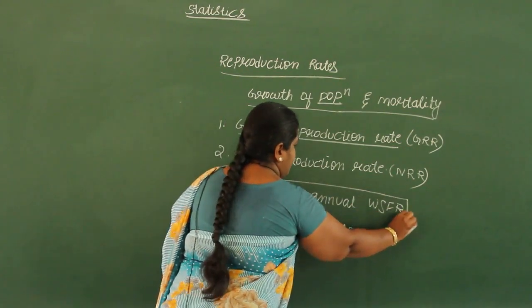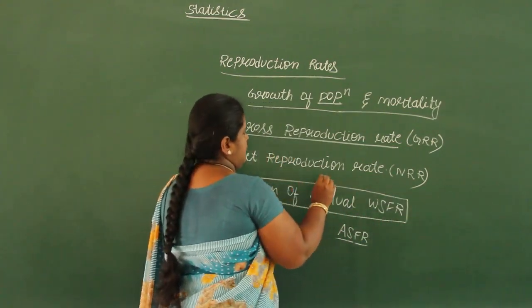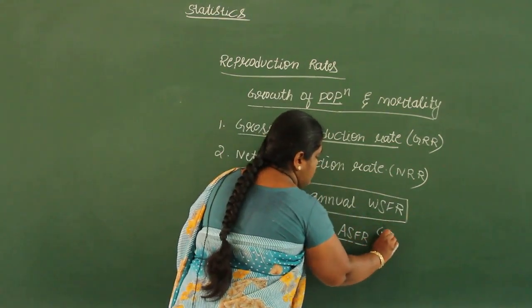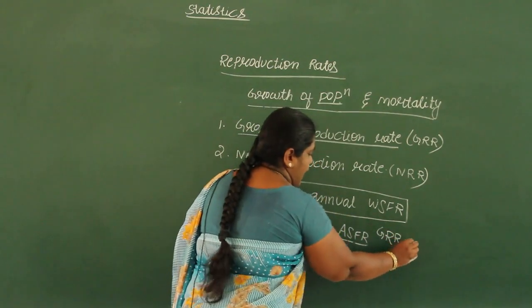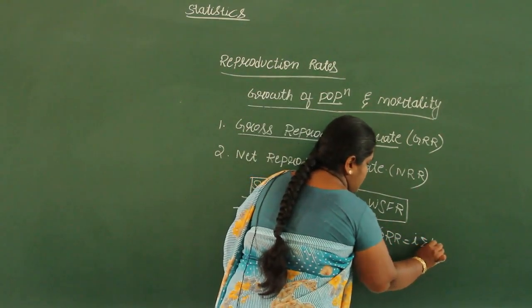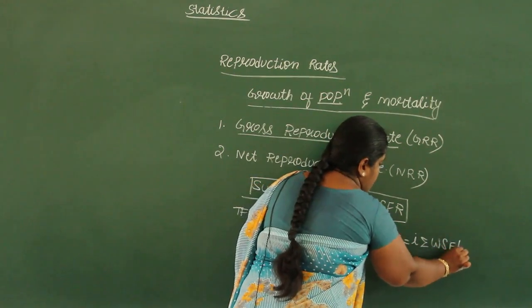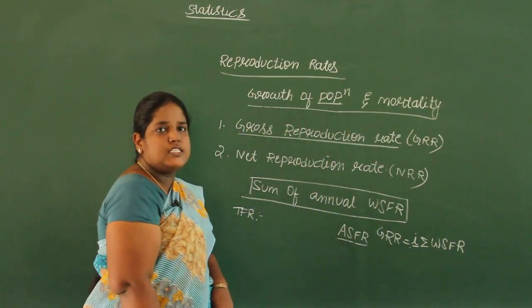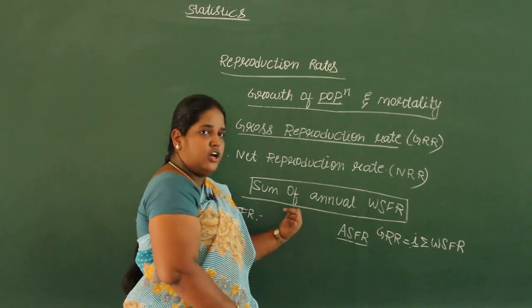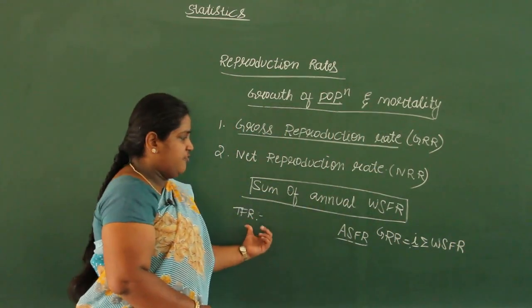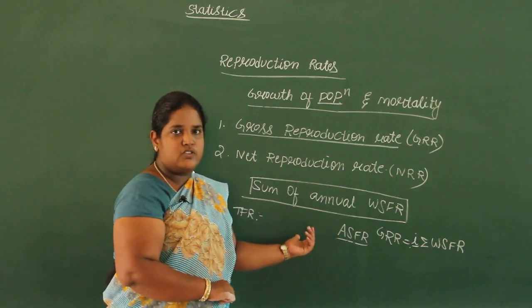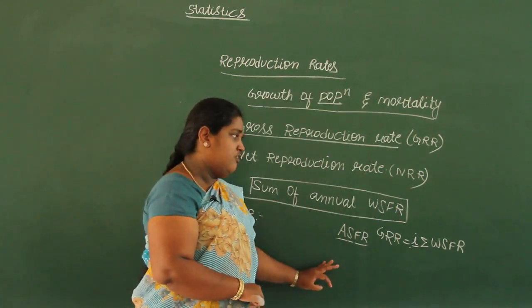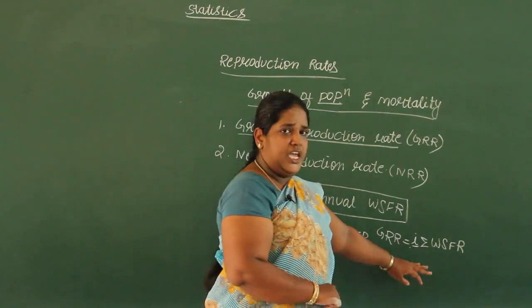So the formula for this is GRR equals I sigma WSFR. Here I stands for the width of the class interval. It need not be 5 itself. In the TFR we were assuming that the width of the class interval should be 5, but in this one it can be any width.